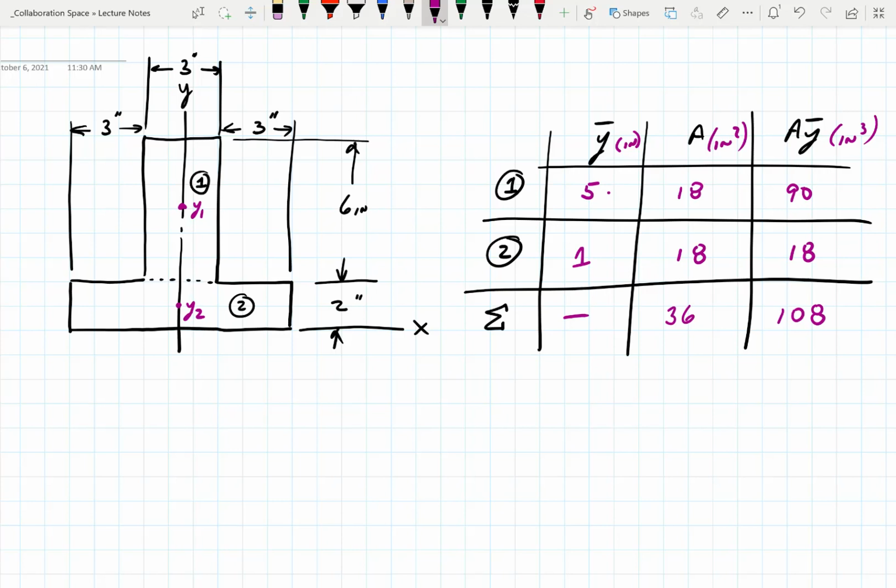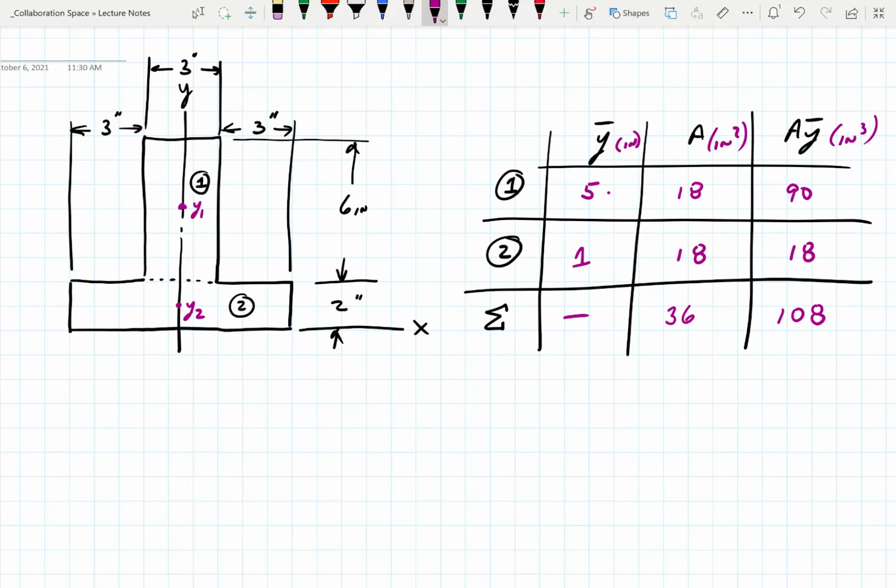So all you have to do is find y bar. You have to find the summation of the two moments of inertia. So y bar is going to be this divided by this summation. 108 divided by 36 is going to be y bar for the part. And then you want to do the moment conversion.